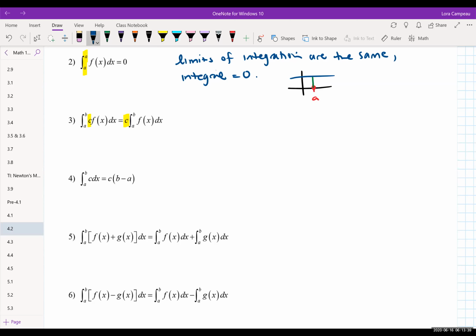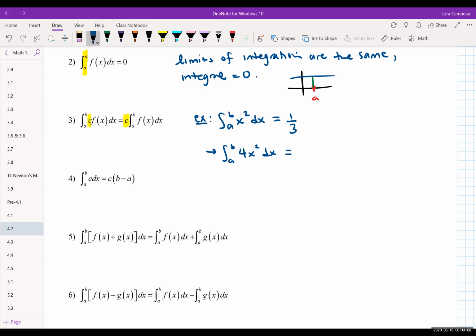So for instance, if I were to give you, and we'll be able to calculate these maybe in the next section, but let's just say you knew that the integral from a to b of x squared with respect to x was 1/3. Well, what would happen if you had the integral of a to b of 4x squared dx?